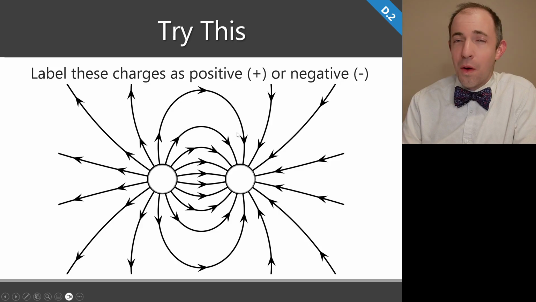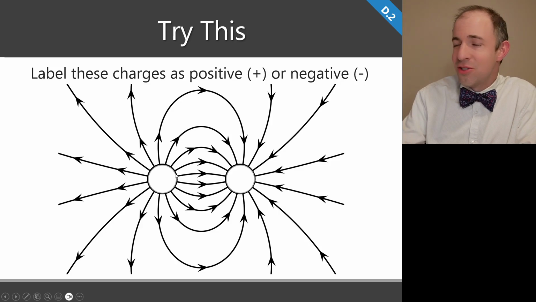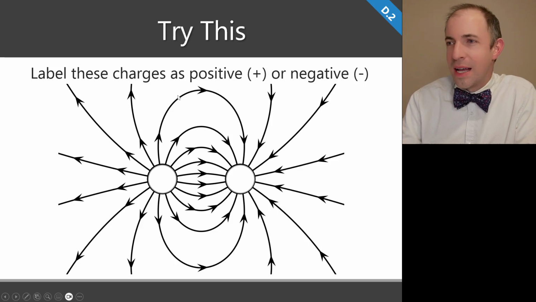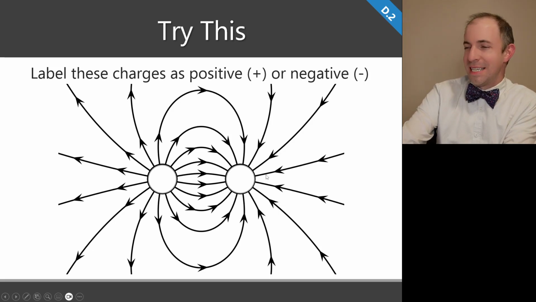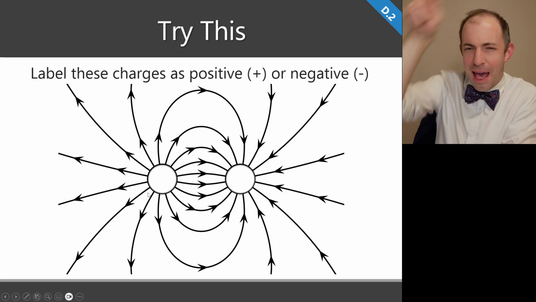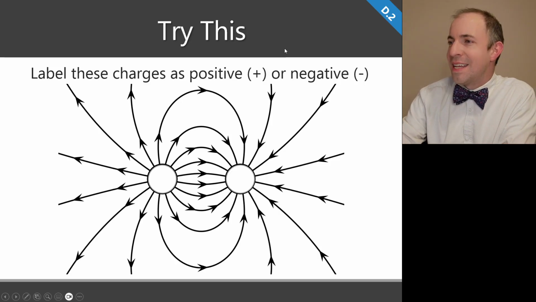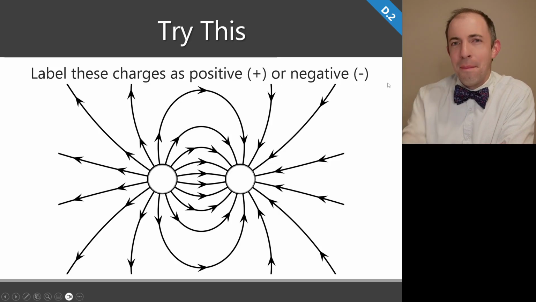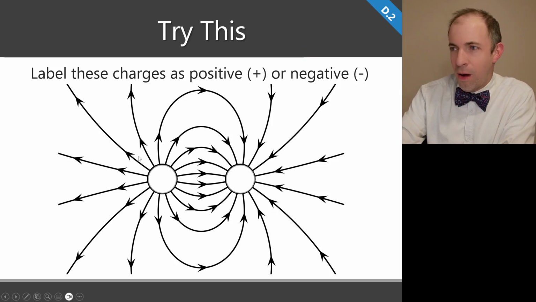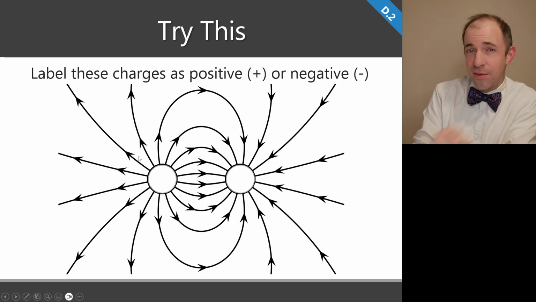When you have more than one charge, they will interact in interesting ways. Here we can see two different charges, with emanating curved lines. We'll see that again in magnetic fields, but we can indicate which one is positive and negative by remembering our rule: the arrows represent the direction that a positive charge would travel.